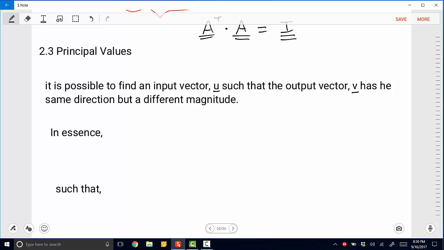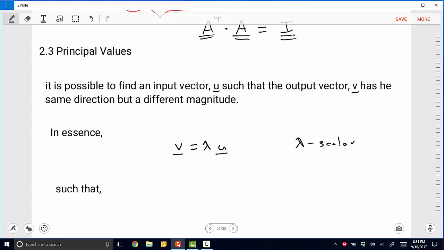In essence, what we're saying is, we have an input vector, and we perform some operation to change the magnitude, such as multiply it by a scalar. We can find a vector v that has the same direction, but its magnitude is different by the value of our scalar quantity, lambda, right?